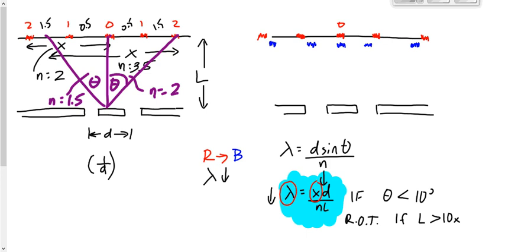What if I shine both of these colors at the same time? Not one at a time, not monochromatic light, but shine blue and red through it at the same time? Well, you're going to see red and blue.